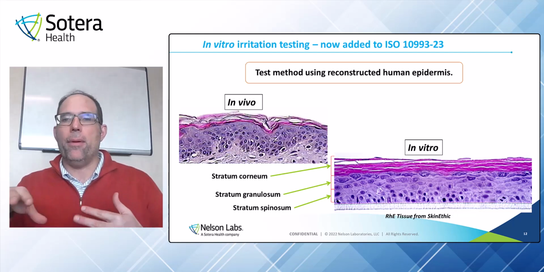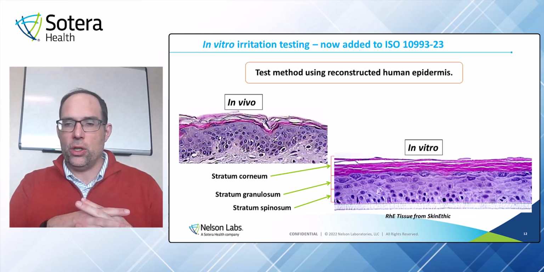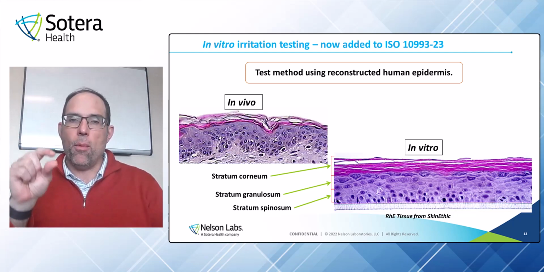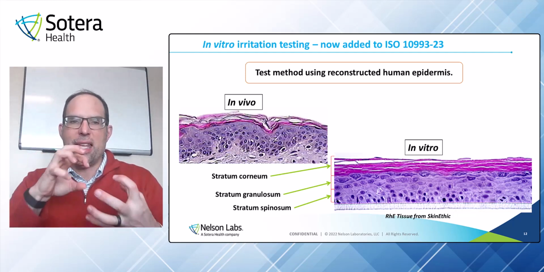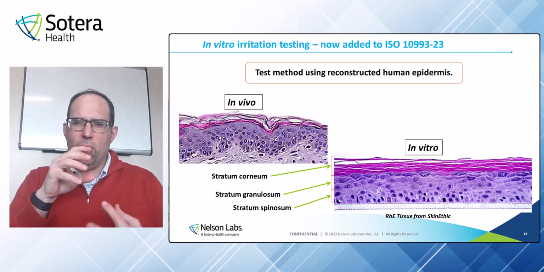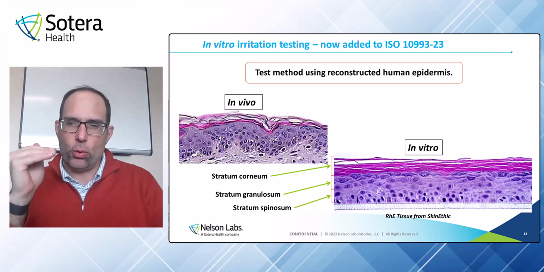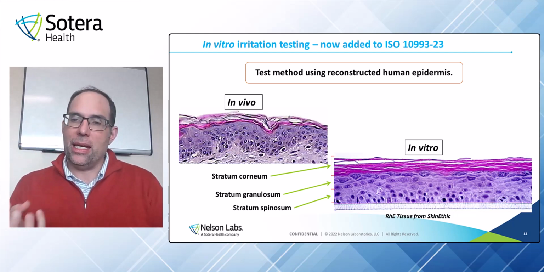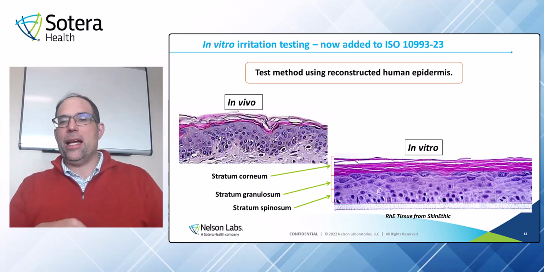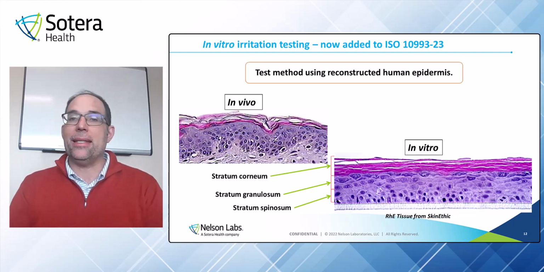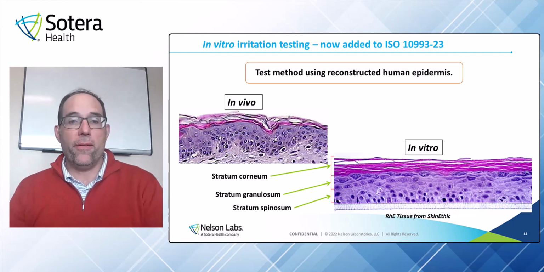So if you look at the very top of that RHE tissue skin, you start to see that there's a lot more open area, and there's not that dark purple kind of gross looking stuff on top. That allows more of the chemical to leach through the skin and interact with the cells below. And so this actually makes these tissues a little bit more sensitive than our own human tissue, but it's a very good representation.